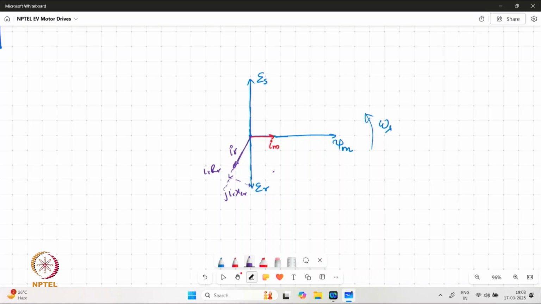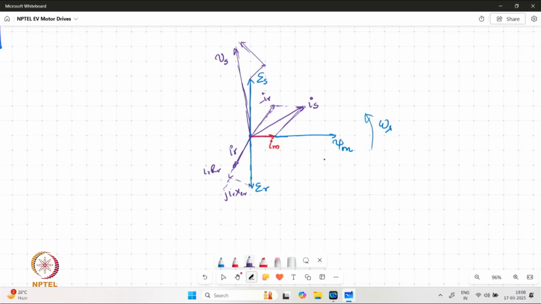Now on the basis of IM and IR, we can work out the current vector on the stator side. So we have minus IR projected on the other side, and the combination of these two vectors, the parallelogram sum, is going to give us the stator current vector. Now on the basis of this vector, we can write the values of IS times RS and j omega LLS times IS, which can give us the supply voltage.